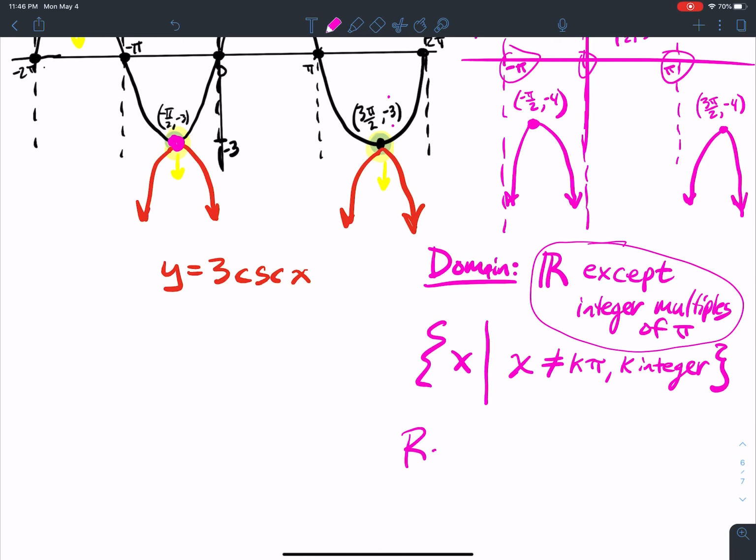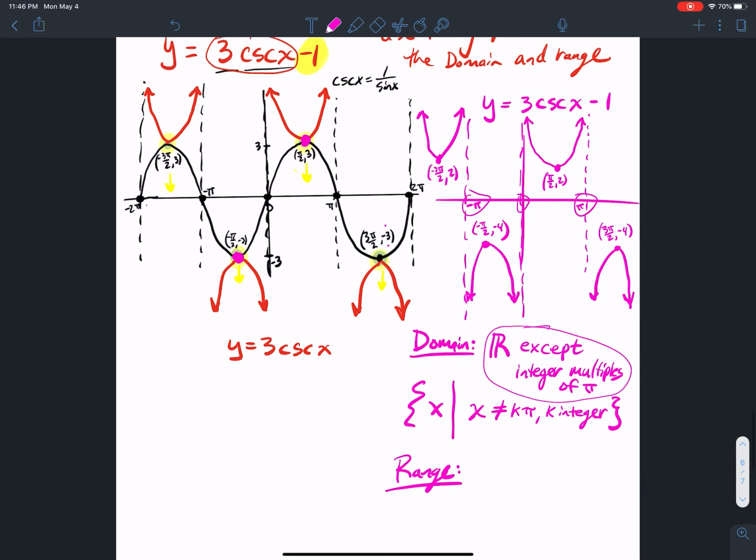The range. Now, you think about the range. Those are the y values. What y values were okay to use? Well, everything up here and everything down there. So really, what are the cutoff points? As long as y is greater than or equal to 2, or y is less than or equal to negative 4 is the way I see it.